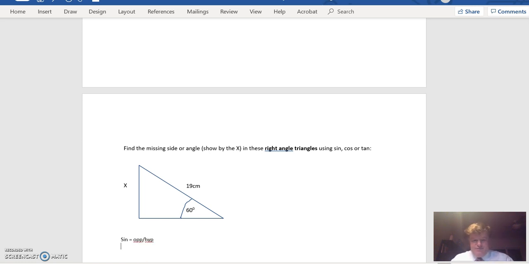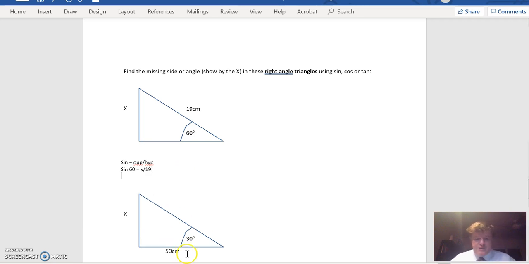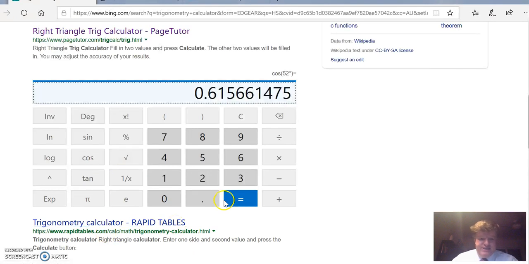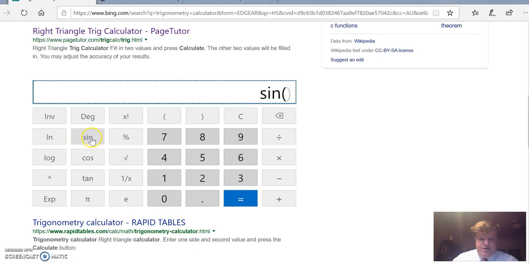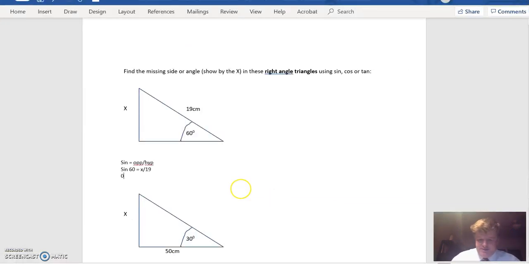So now we can start to put some figures in. We know the angle is 60, so sine of 60 is going to equal the opposite, which is x, divided by 19. Next, we're going to have to calculate what the sine of 60 is. Sine 60 equals 0.87. So if we pop that in, 0.87 equals x divided by 19.